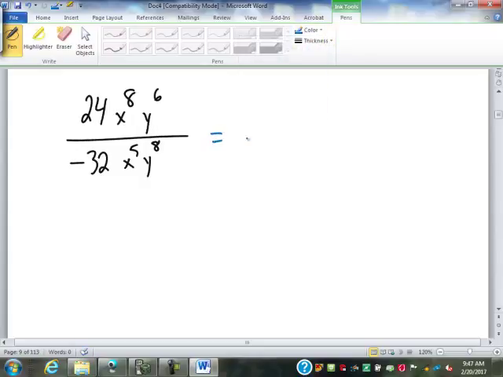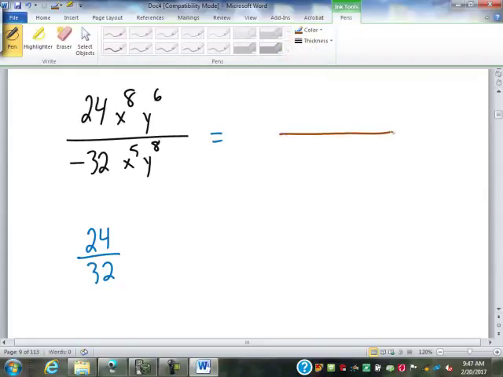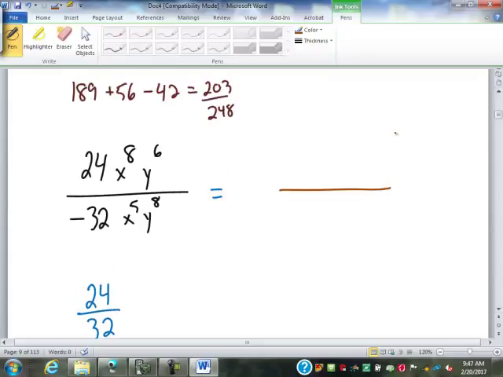So when I go to reduce this, just like we were doing before, we're going to separate out the numbers, 24 and 32. You'll notice I left off the negative. The reason for that is when I'm dealing with a fraction, let's say I just have 3/4. A negative out front of the 3/4 makes it negative.